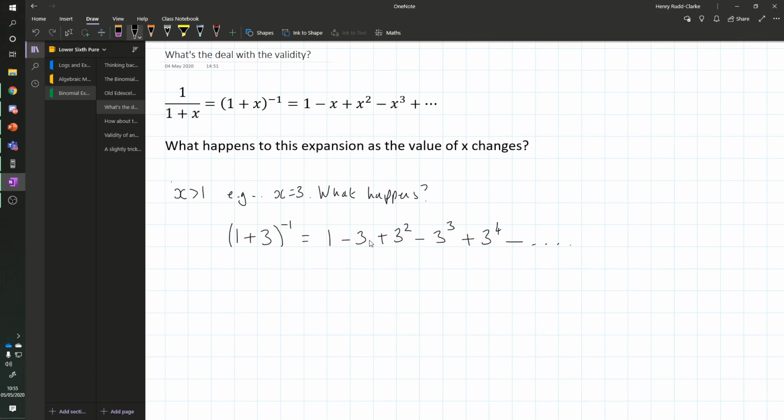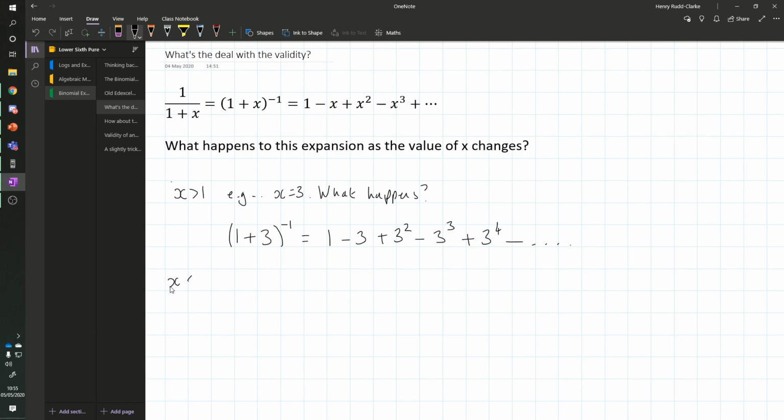Every single term here is bigger than the previous term. This is going to be divergent. It's not going to converge towards a certain value. It's going to spiral off towards infinity and give us no kind of meaningful answer.